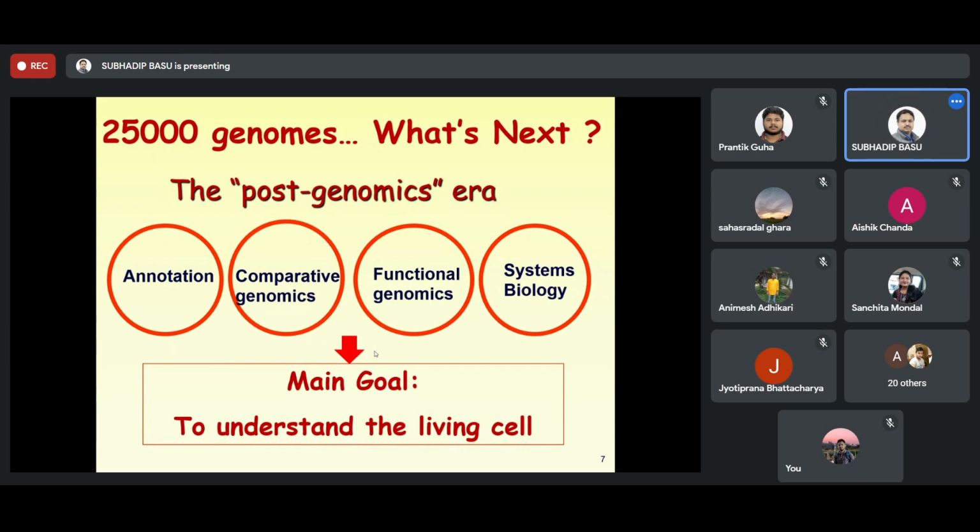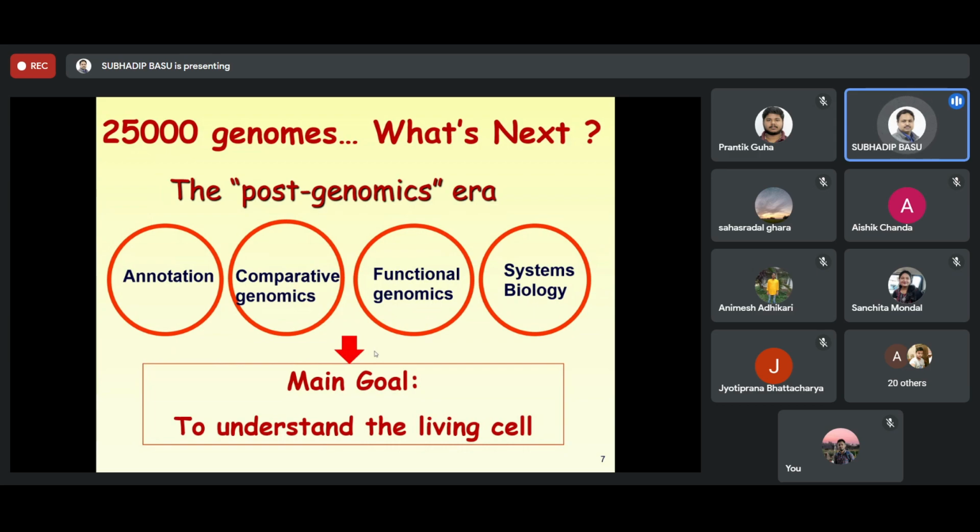When scientists actually decoded the whole genome, they realized that there is something even bigger. Those studies are now coming into play, and people are less interested in decoding the genome.